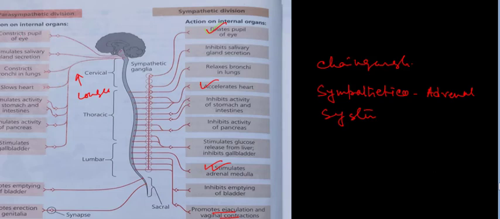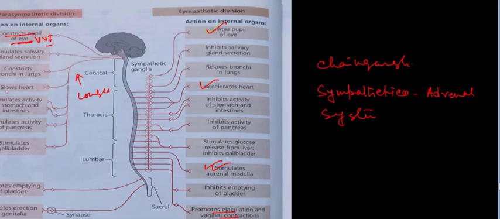The usual functions are inhibitory, and it constricts the pupil of the eye. This is very important. The parasympathetic division constricts the pupils and stimulates salivary gland secretion, whereas the sympathetic division inhibits salivary gland secretion. It constricts the bronchi of the lungs, but the sympathetic division relaxes the bronchi.